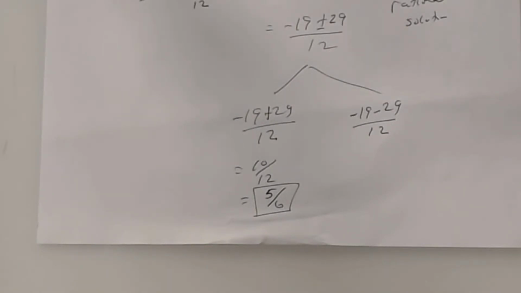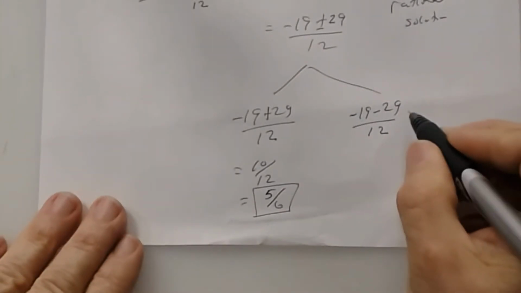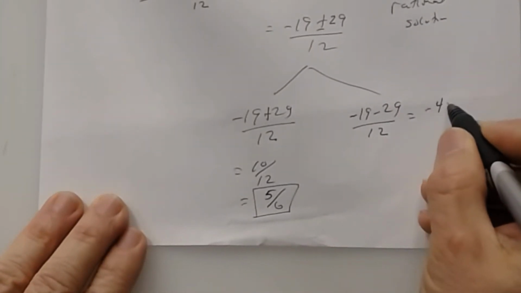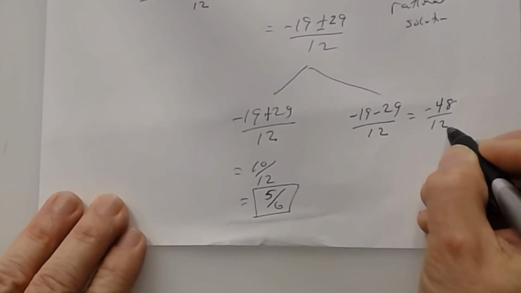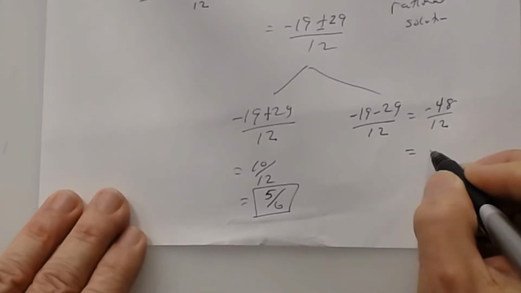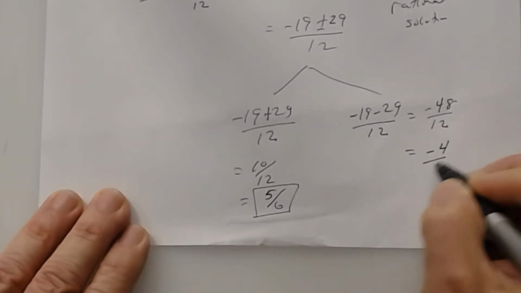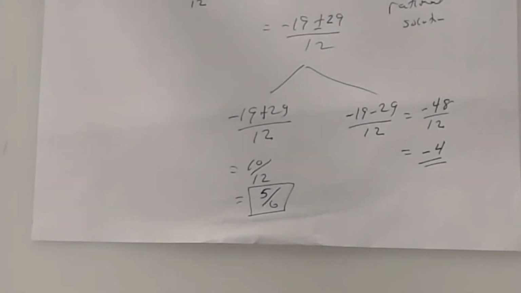What's negative 19 minus 29? Negative 48 over 12, which is negative 4. So there's your other solution. And that's it. Plug and chug. Just using the quadratic formula.